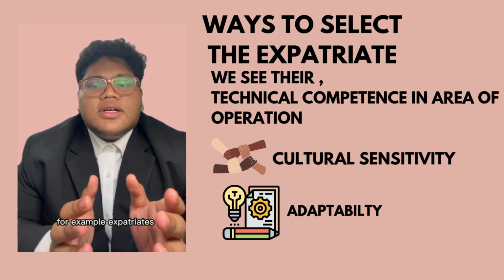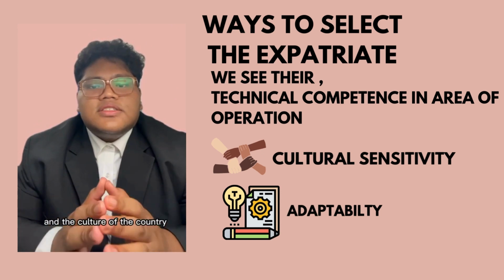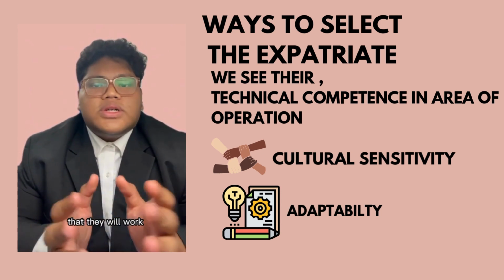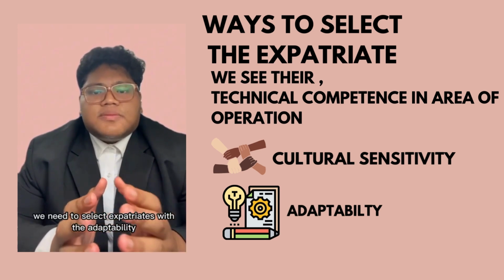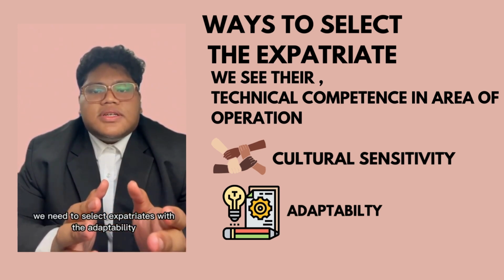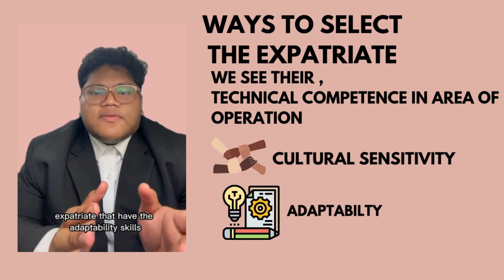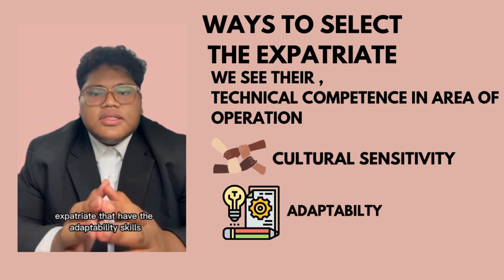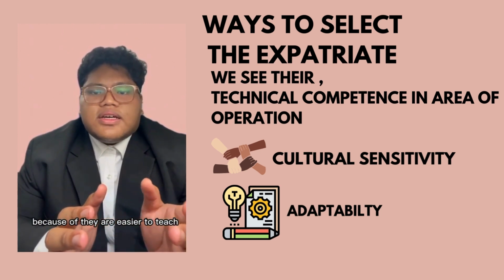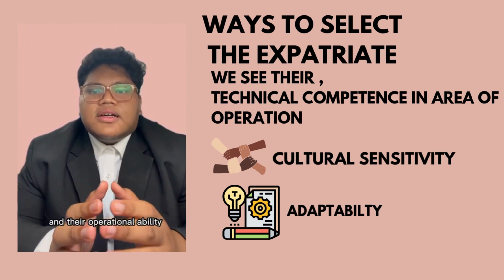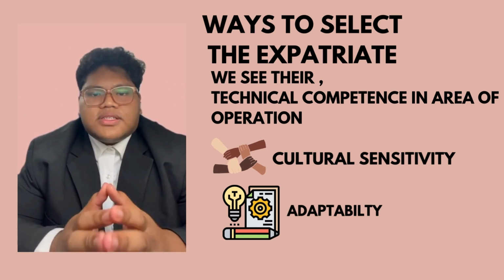For example, expatriates must have common knowledge about the history and culture of the country where they will work. Other than that, we need to select expatriates with higher adaptability. Expatriates that have adaptability skills are more worthy because they are easier to teach and their operational ability is much higher.